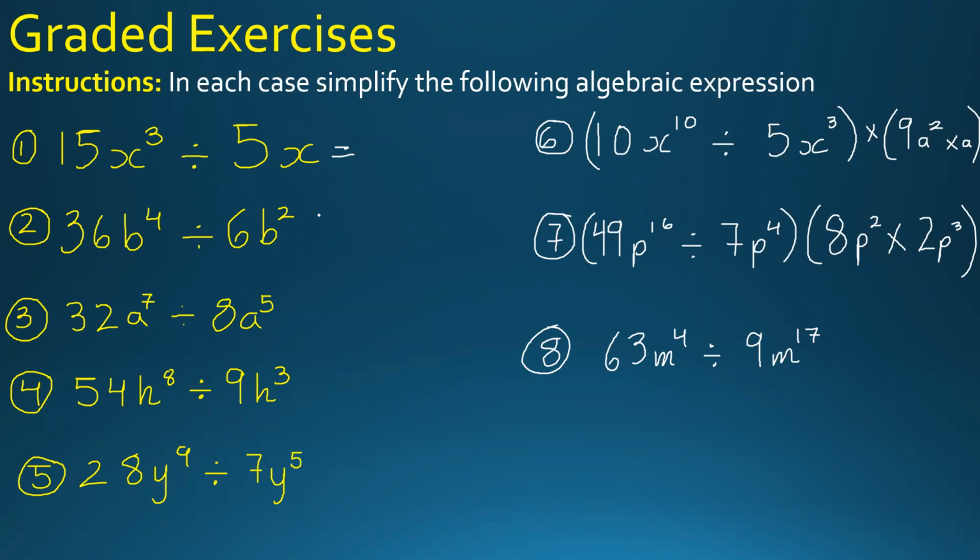Then you put a next open bracket x to the power of 3 divided by x to the power of 1 close bracket. Then you put 3 to the power of 3 subtract 1. And your answer will be 3 to the power of 2.